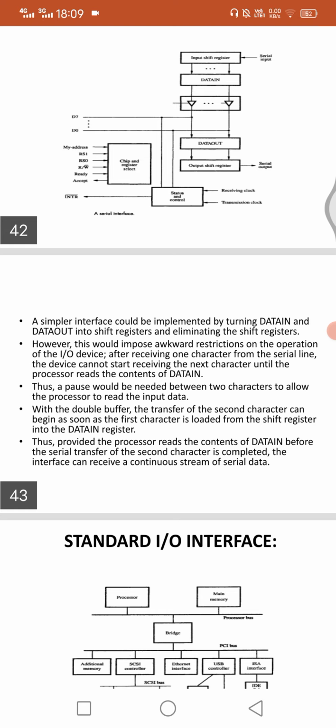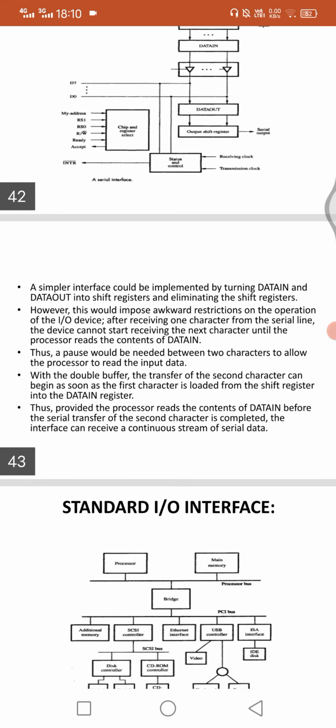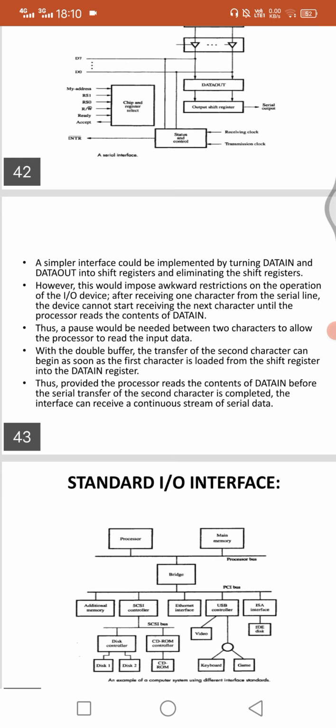A simpler interface could be implemented by connecting data in and data out directly to shift registers and eliminating the separate registers. However, this would impose awkward restrictions on the operation of the input and output device. After receiving one character from the serial line, the device cannot start receiving the next character until the processor reads the content of the data in.